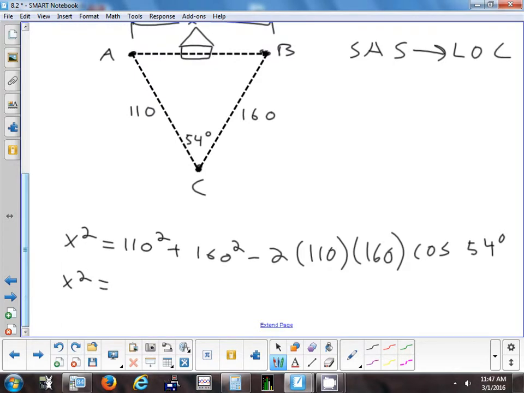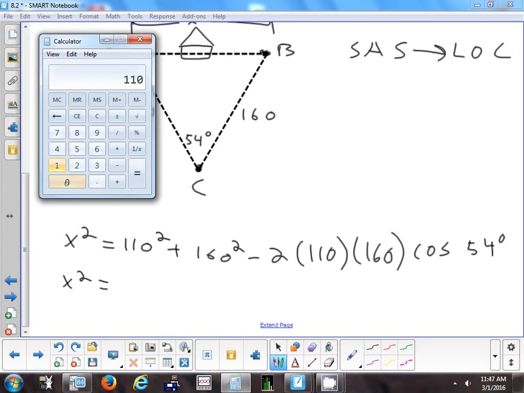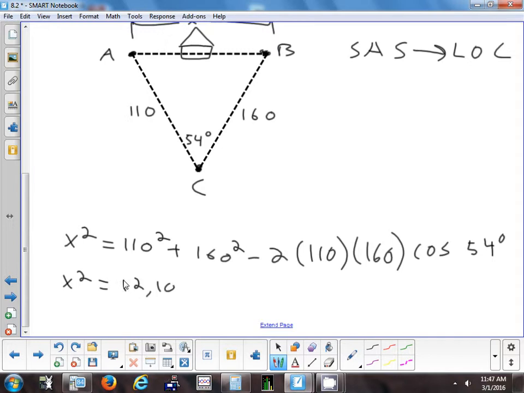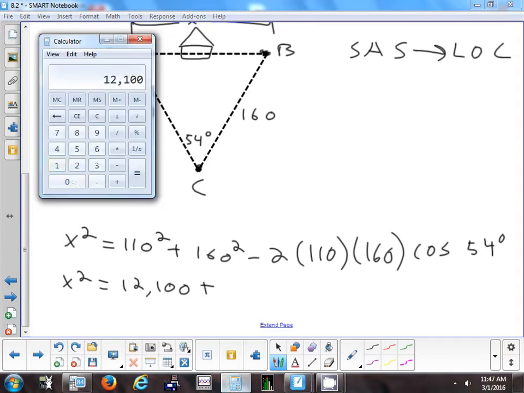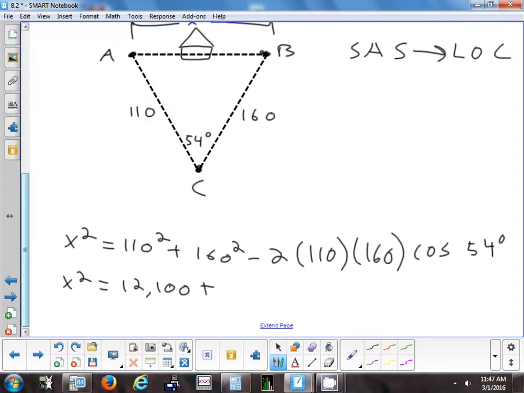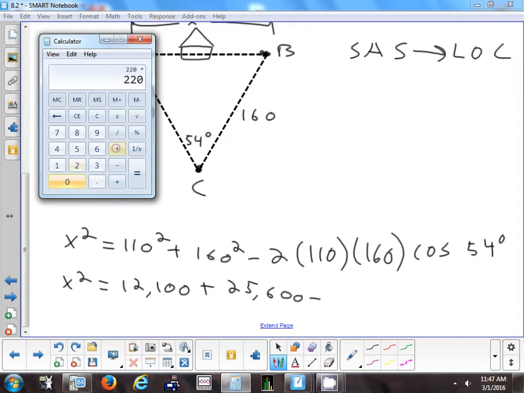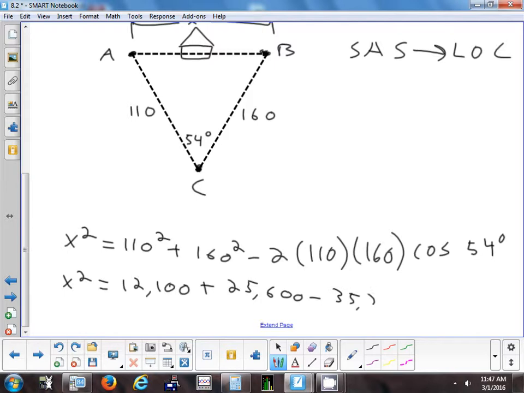So let's do this out. 110 squared is 12,100, plus 160 squared, 25,600, minus 2 times 110, that's 220, times 160, 35,200, cosine 54.